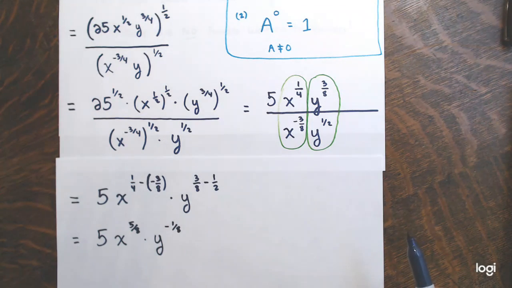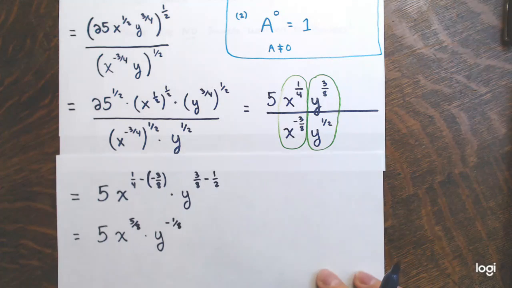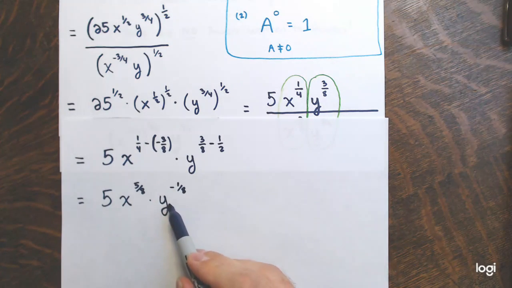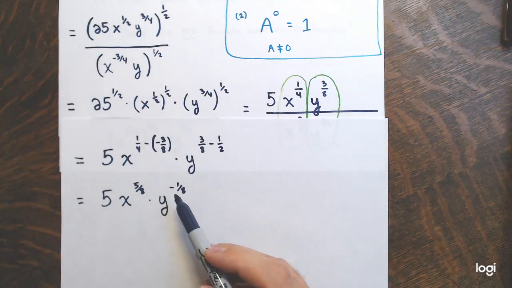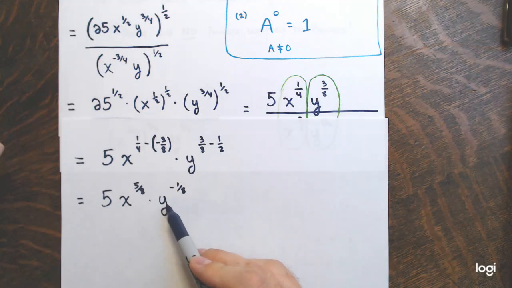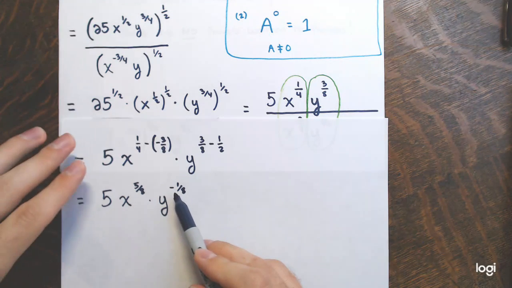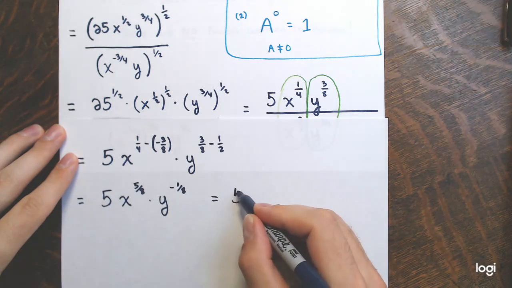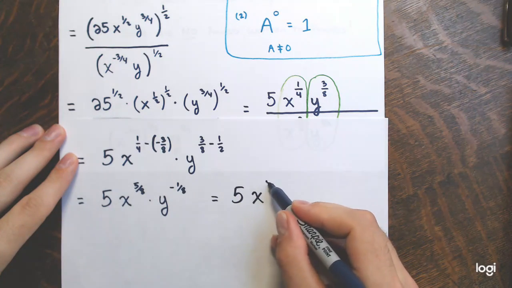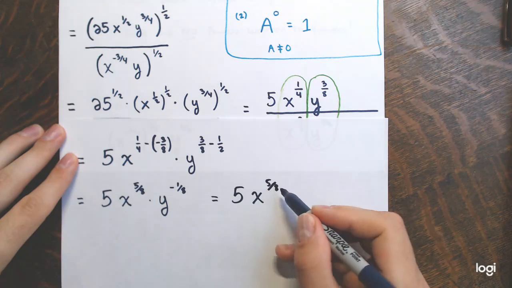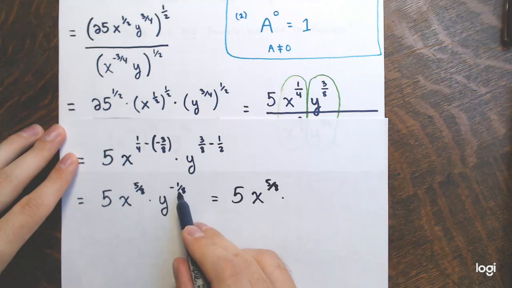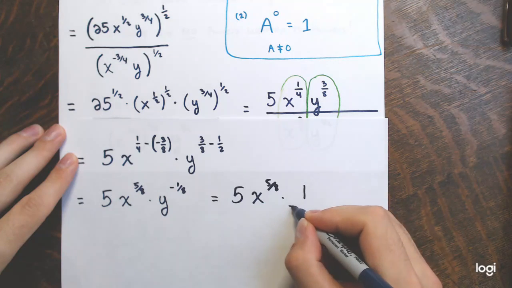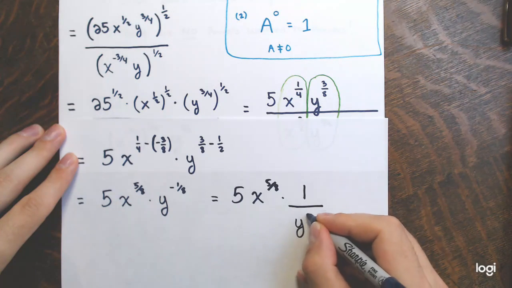So almost there. Every base is only occurring once now, but I do have a negative power. And now I'm just going to employ, remember that this happened in an example or two ago. When you see a base with a negative power, this is just the reciprocal of the positive power. So we have 5 times x to the 5/8 times, and then this y to the negative 1/8 is the same as 1 divided by y to the positive 1/8.